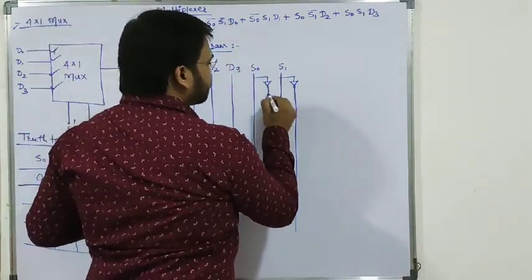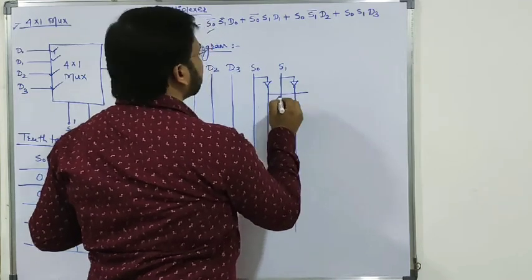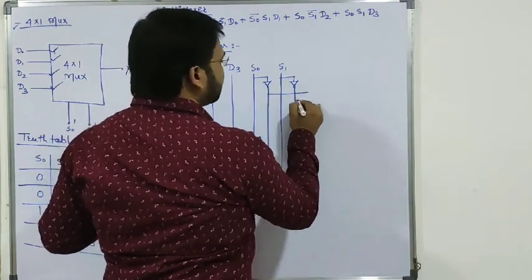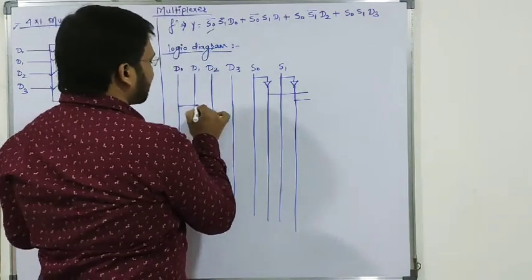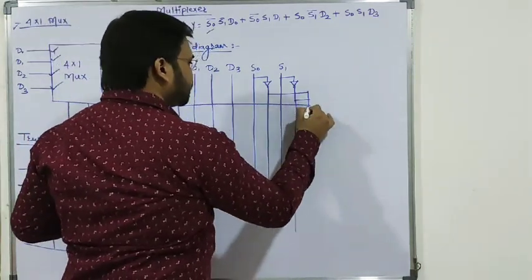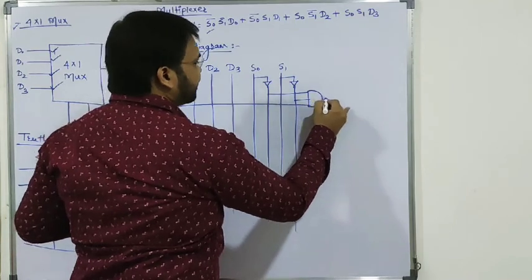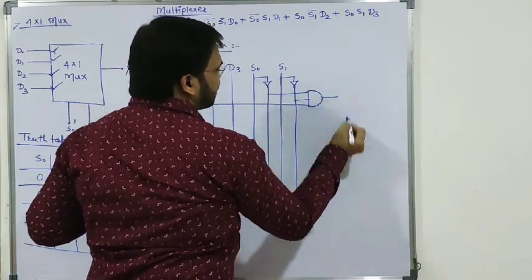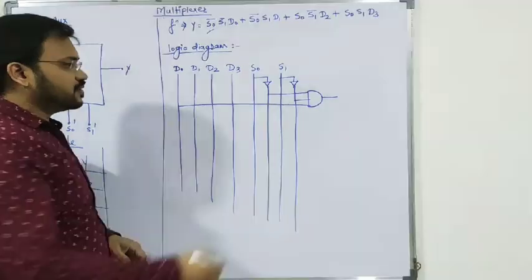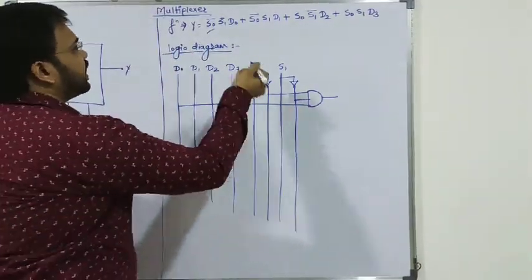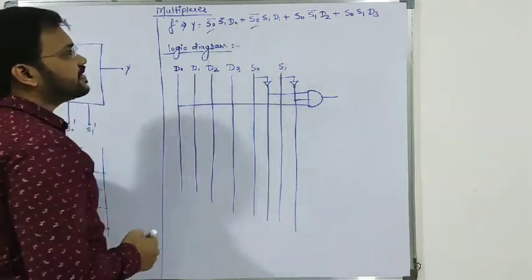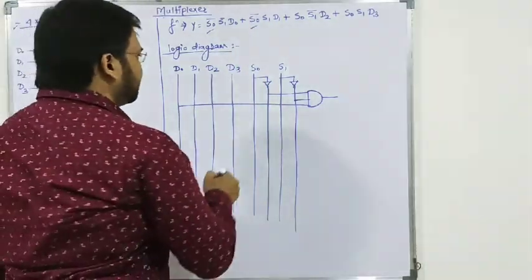So first we have to draw S0 bar, next S1 bar and D0. Okay, so they are applied to a multi-input AND gate, one of the AND gates. Next, the second term is S0 bar, S1 and D1.